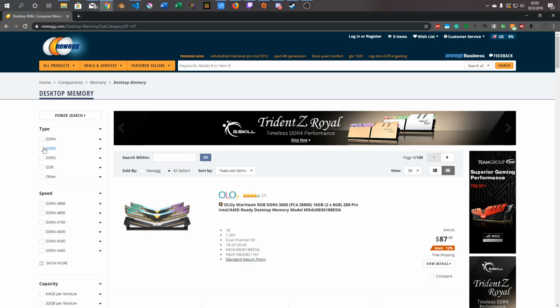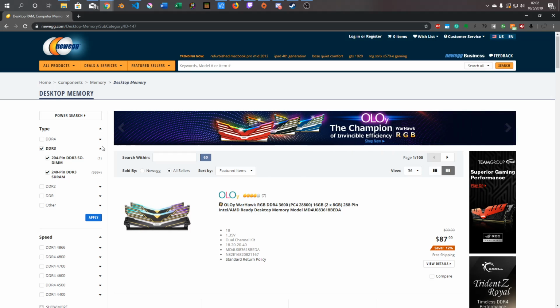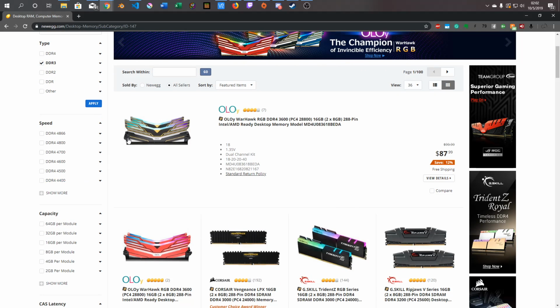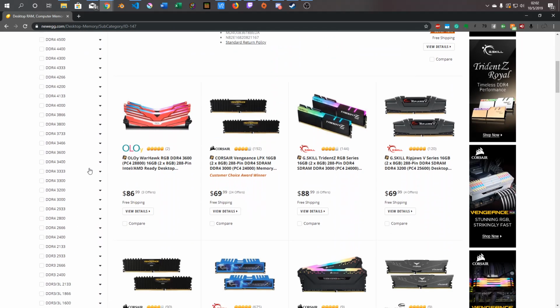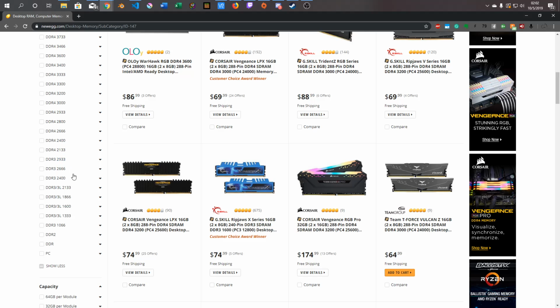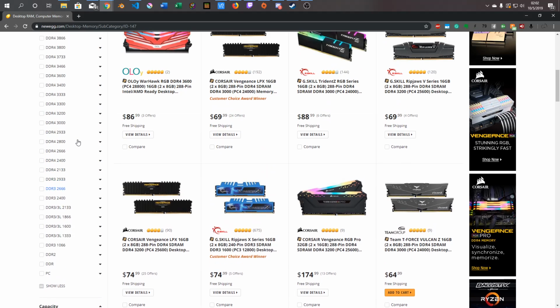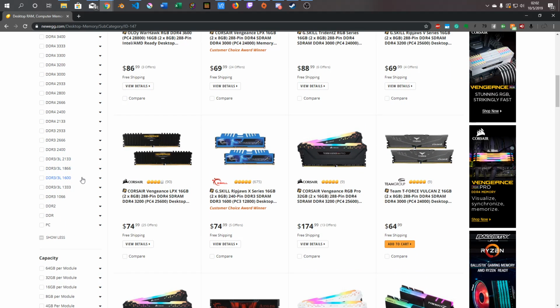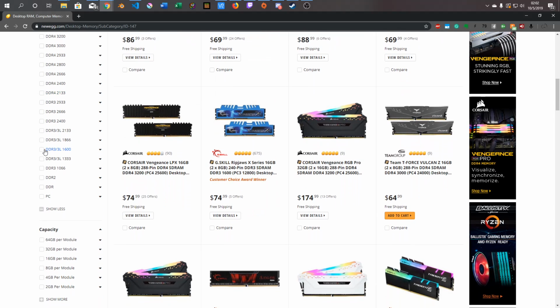We're looking for DDR3. Now, I remember it saying 2000 OC. Maybe. Oh, yeah. It said this. I know that, I know that, and I don't know about that one.